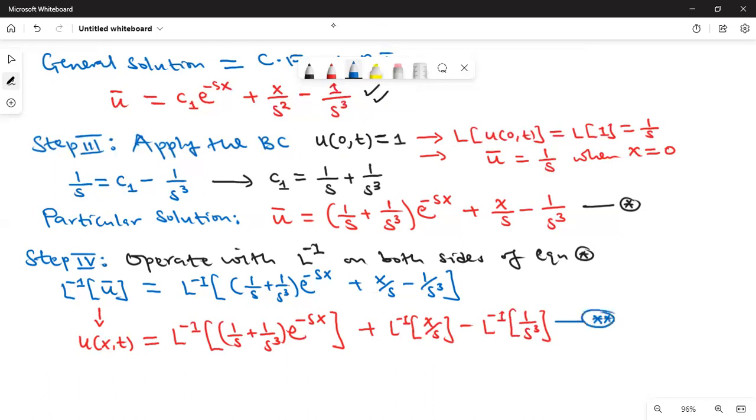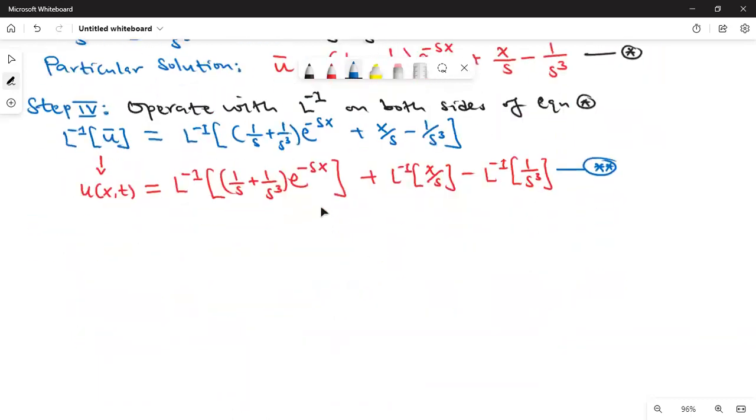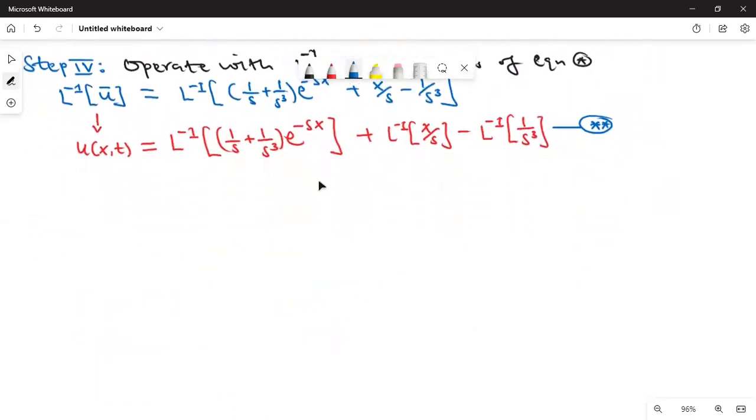So let me work it out term by term. I will start with the term that is easy to find its inverse transform.